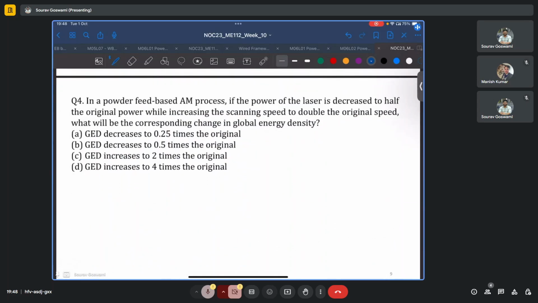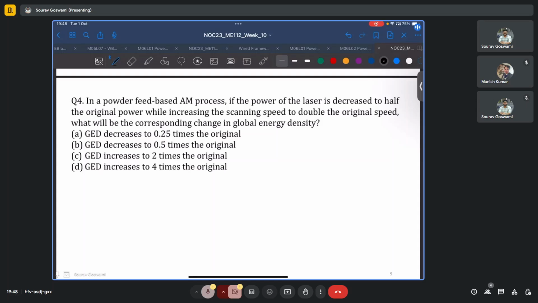In question number 4, we are asked, in a powder feed-based AM process, if the power of the laser is decreased to half the original power while increasing the scanning speed to double the original speed, what will be the corresponding change in the global energy density? And just to recollect, this global energy density is the parameter which is used to judge whether some region of the print is subjected to very low dilution and may result in lack of fusion type defect, or is subjected to very high dilution, which may lead to a keyhole type defect, a keyhole induced porosity.